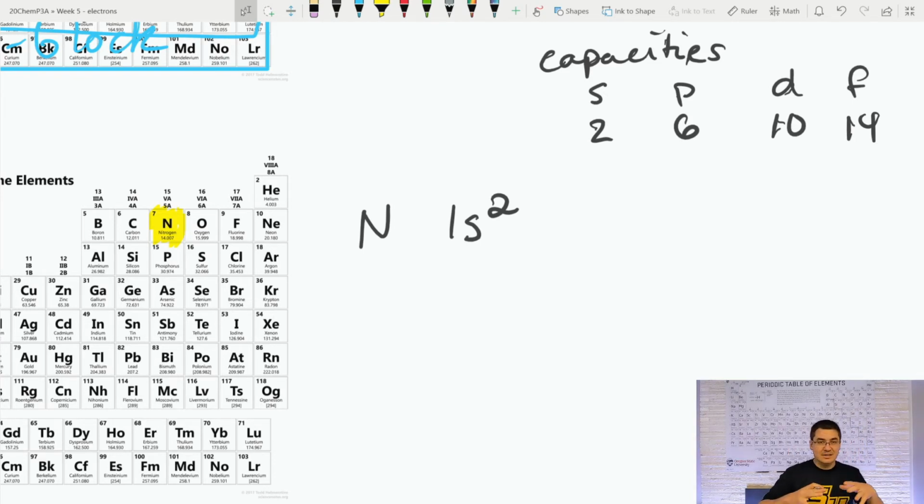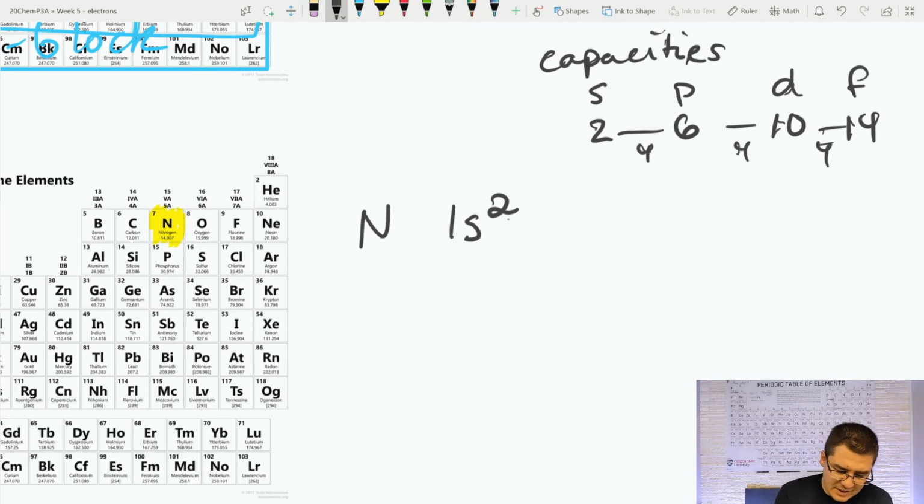This is due to their increasing size and complexity. So, things to remember: 2, 6, 10, 14. Also really cool is that they're spaced by exactly 4 units. You could count the elements in each block and see how wide the blocks are. It turns out they're 2, 6, 10, and 14 elements wide.